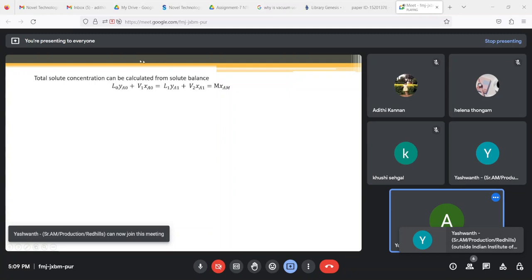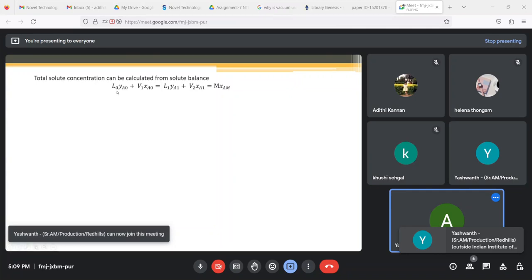So oil in the inlet is equal to oil in the outlet. That is what it basically means. This corresponds to the inlet feed, this to inlet hexane, this to your outlet slurry, this to your outlet hexane. So inlet is equal to outlet. That is equal to M into XAM, where M is the total amount of mixture flow rate and XAM is the solute concentration in the mixture.